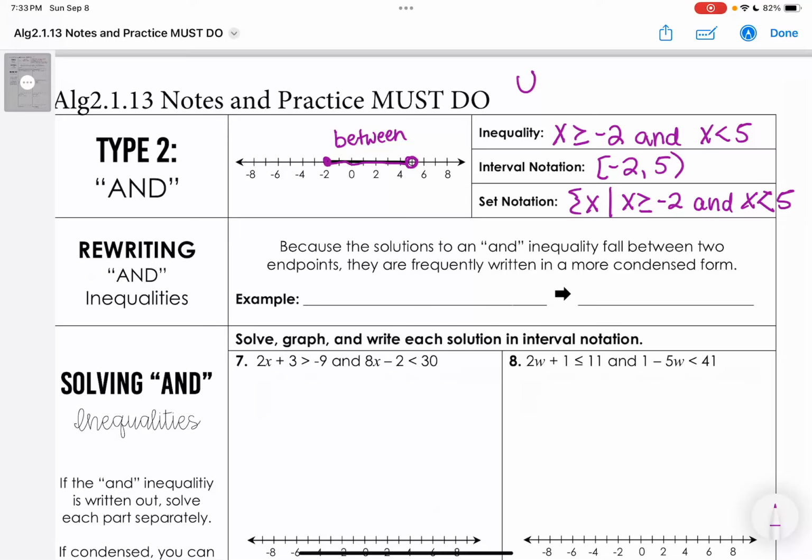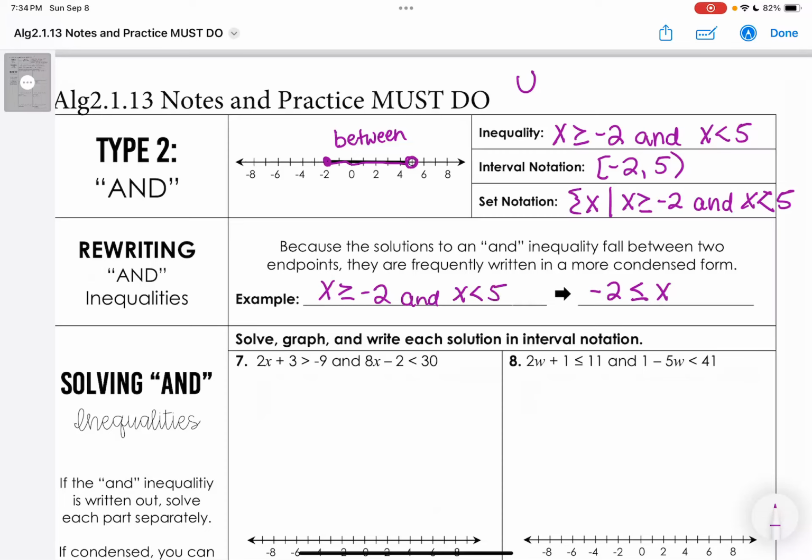So rewriting these, if you have the long version here, we often rewrite them. Like I said, between up above, you can write this as like that. So make sure that you can read that and see it goes the opposite direction. Forgot the 5 there.